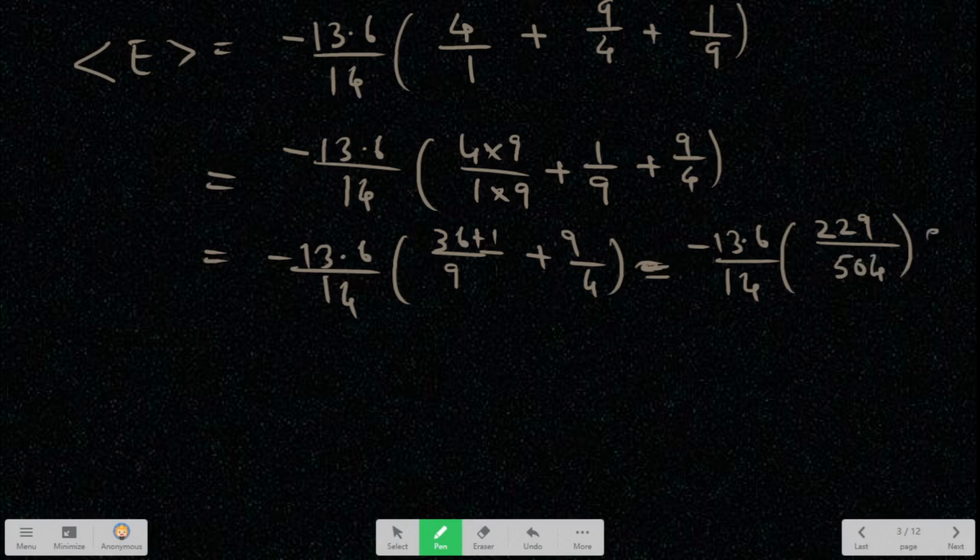So this is the expectation value of energy, minus 13.6 divided by 14, 229 divided by 504 electron volt.